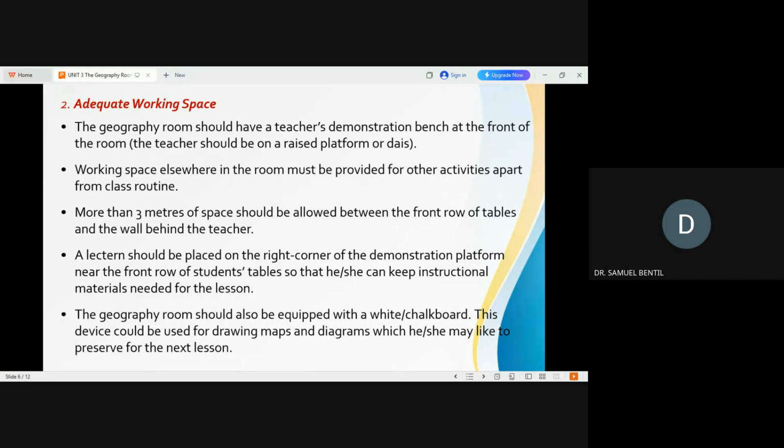Apart from that, more than 3 meters of space should be allowed between the front row of tables and the wall behind the teacher, which is very, very important.